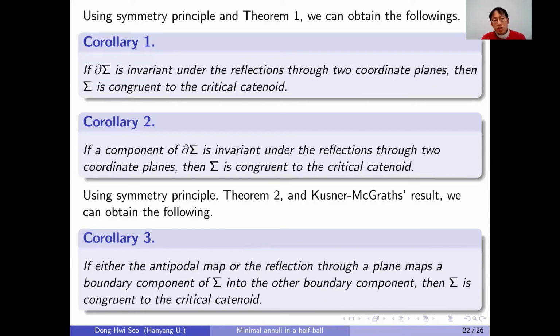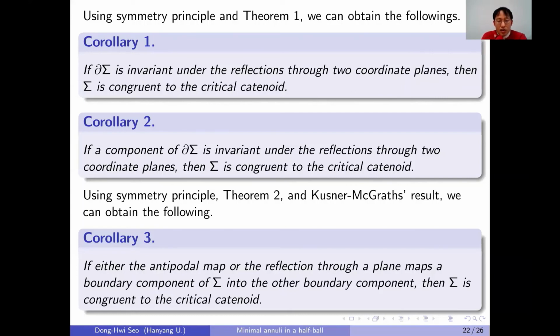So using the symmetry principle, we can extend our previous theorems. First, if the boundary is invariant under the reflection through two coordinate planes, then the surface should be congruent to the critical catenoid. And also, if a boundary component is invariant under the reflection through two coordinate planes, it should be congruent to the critical catenoid.